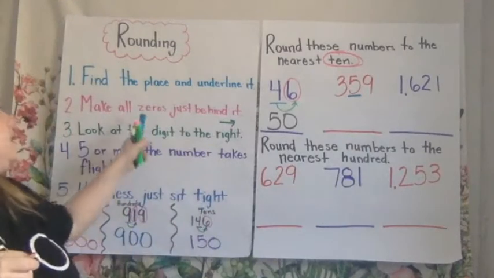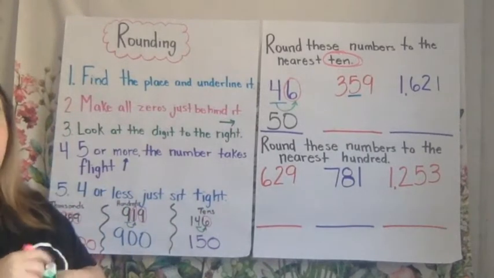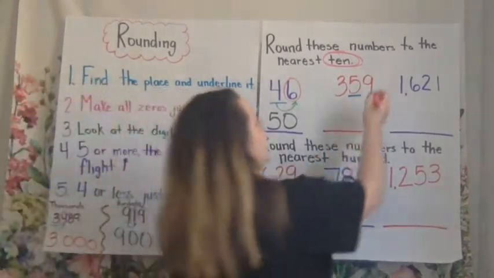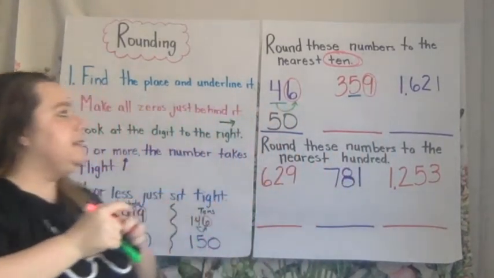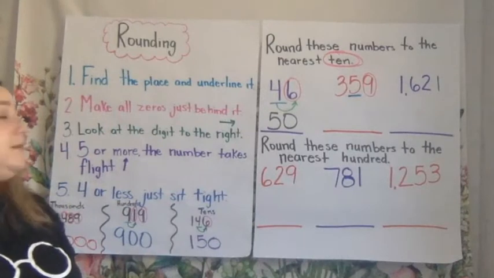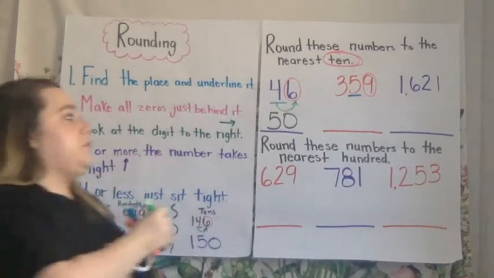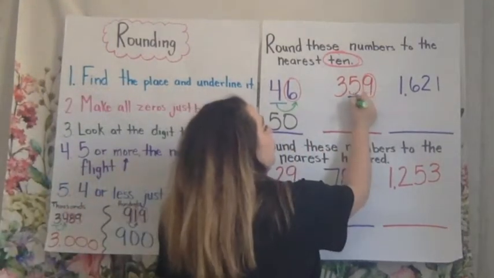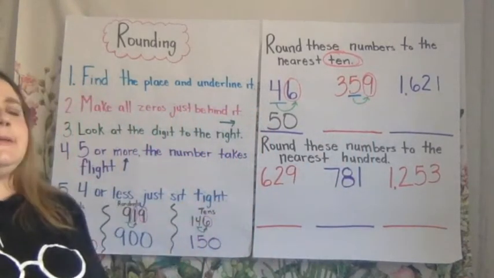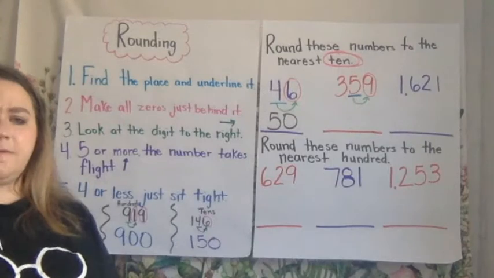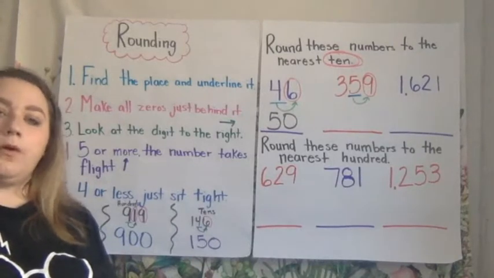Step 2, make all zeros just behind it. So I'm still just changing this last number to a 0. Good. Step 3, I look at the digit to the right. So I'm looking right next door at the number 9. Is 9 5 or more or 4 or less?